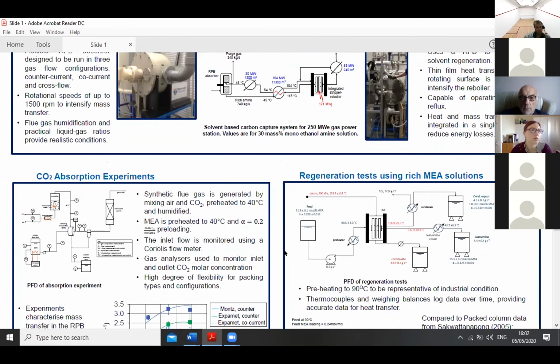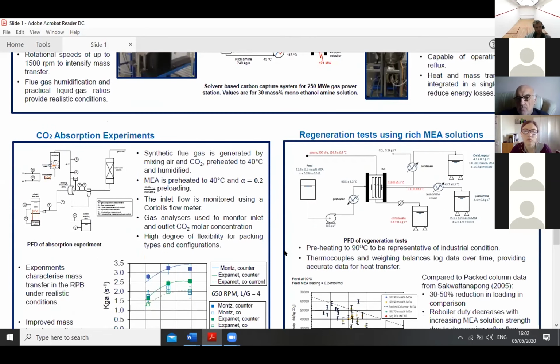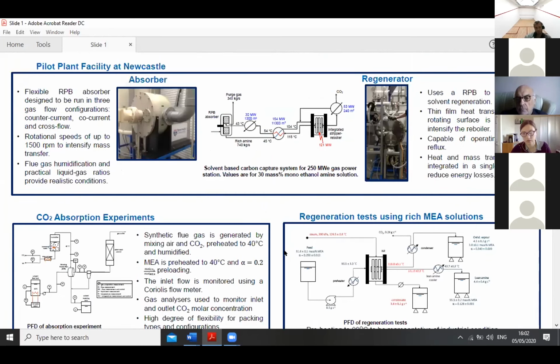Well, one of the benefits we've got is that we can use more viscous solvents than would be practical when you're operating with a conventional column. So that gives us a lot more options in terms of the types of solvents we can use. Yeah, so that's something that we're working on. I can send you more details on the benefits versus disadvantages after the talk, if you like. Yeah, that was interesting. Thank you.